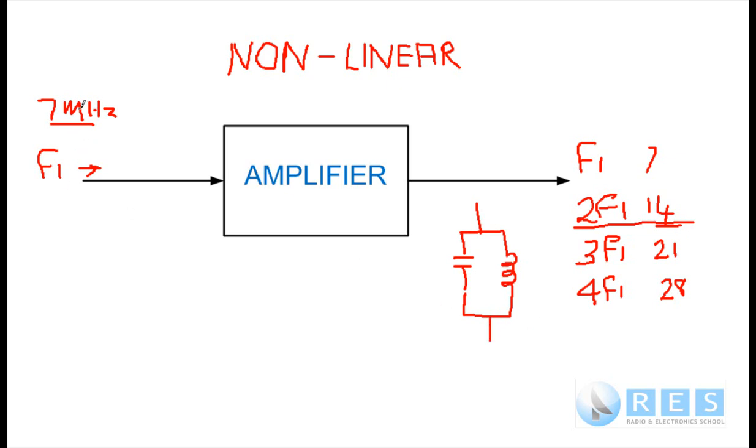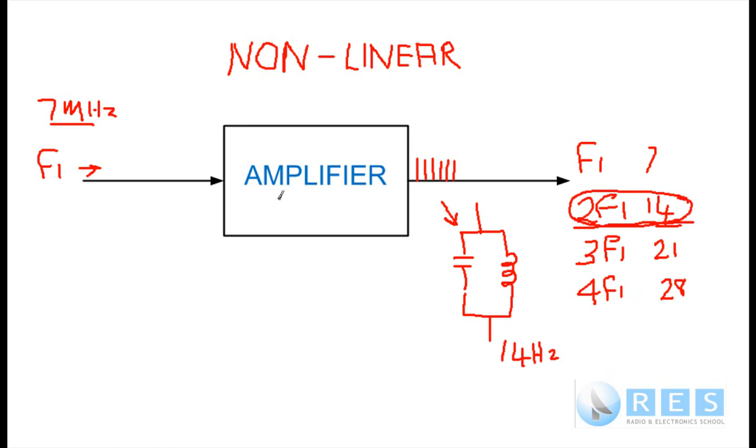We'd put a 7 megahertz signal in and get 7 megahertz pulses coming out. Those pulses at 7 million per second would start this circuit resonating on 14 megahertz, so what we've actually done is enhanced the second harmonic.